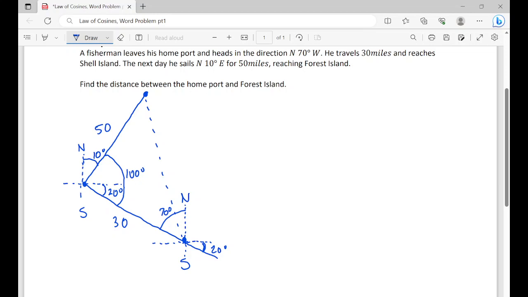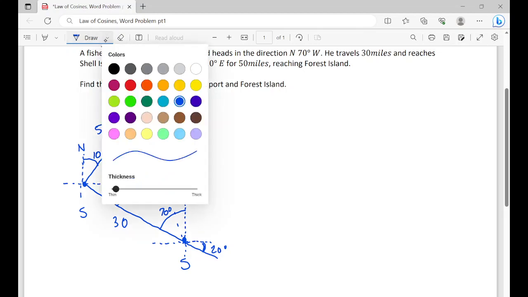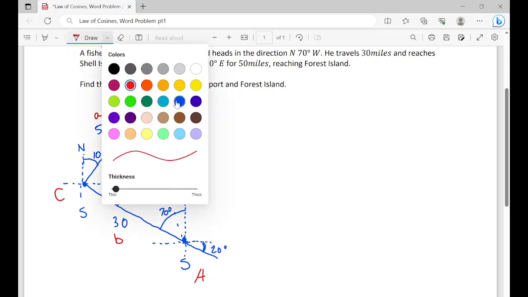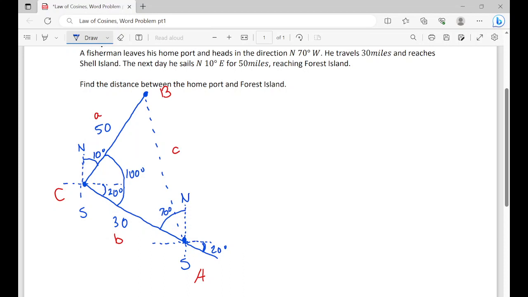And so I didn't label anything, but I'm going to do that here in a different color. So I can say that this point here on the triangle is A, this up here is B, and this over here is C, which means that this here is little a, this over here is little b, and this dotted line side here is little c. Now I can go through and fill out my law of cosines.